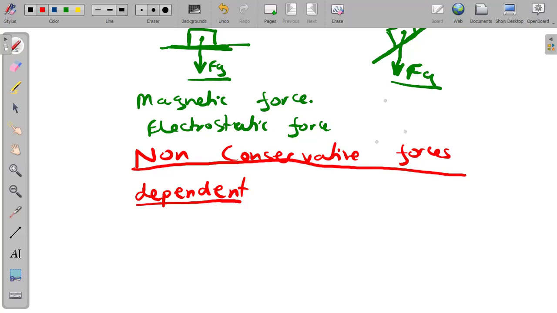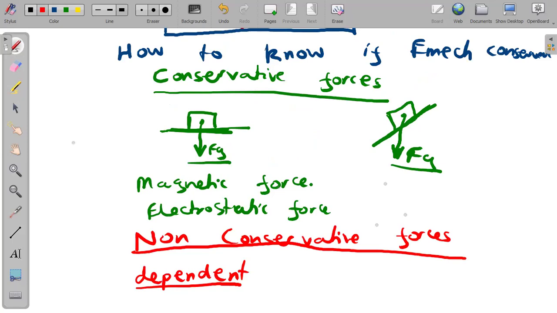Let's go back to our horizontal surface where our object lies. We have a force such as kinetic frictional force, assuming that the object is moving to the right. Kinetic frictional force opposes the motion of the object, so it's acting to the left.